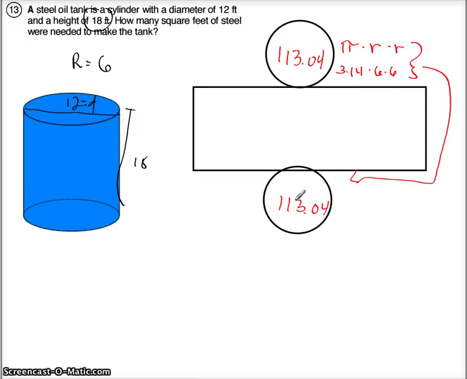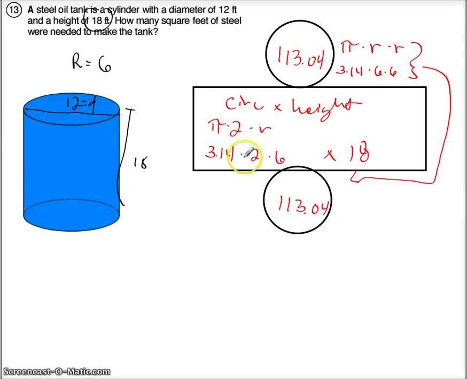Okay, this one is going to be, again, circumference times height, which is going to be times 18. Circumference is pi times 2 times radius, 3.14 times 2 times 6. This is your diameter. Again, 2 times 6 is 12.